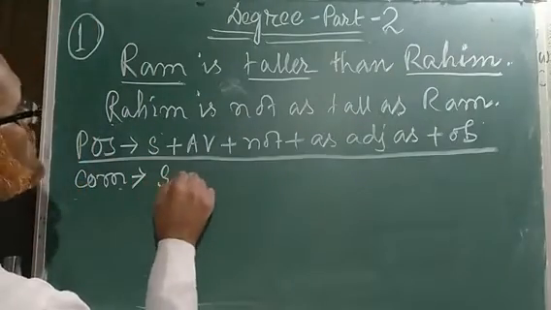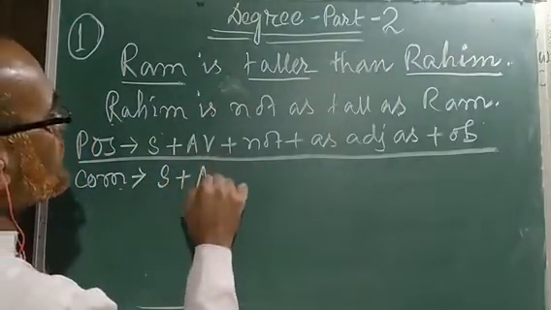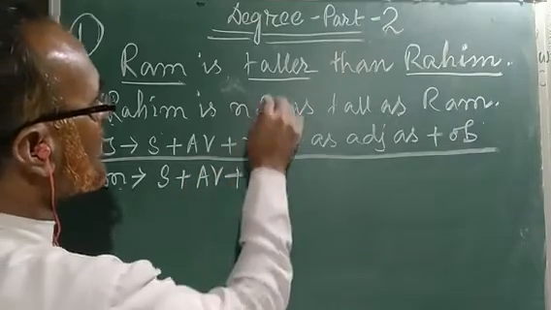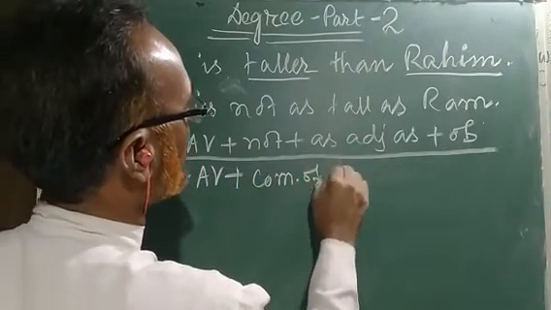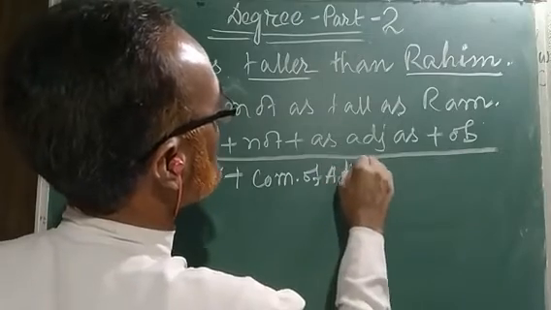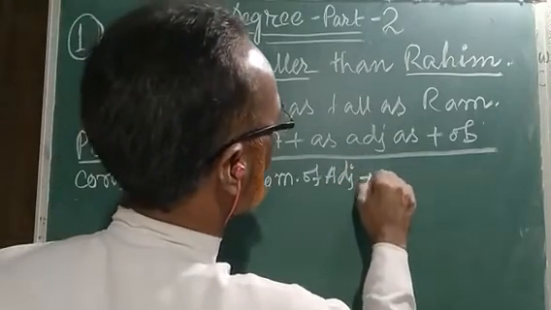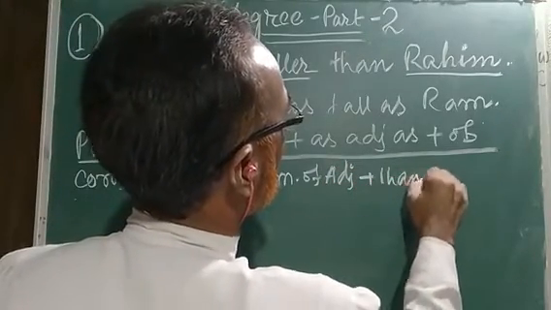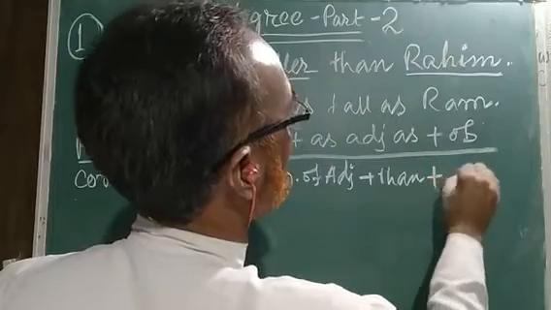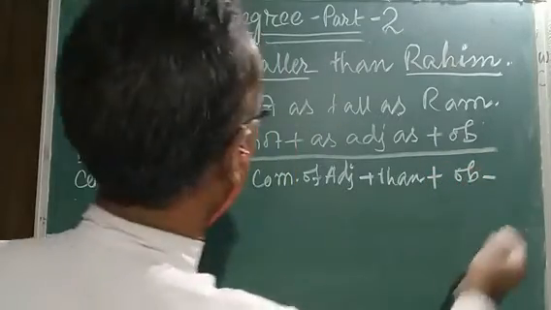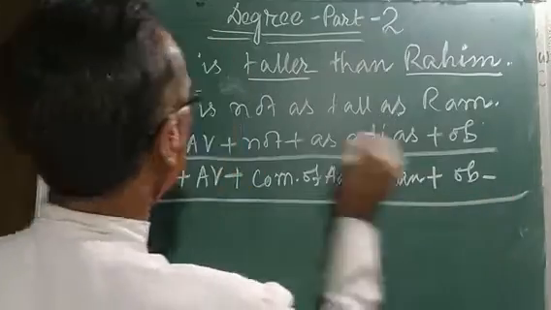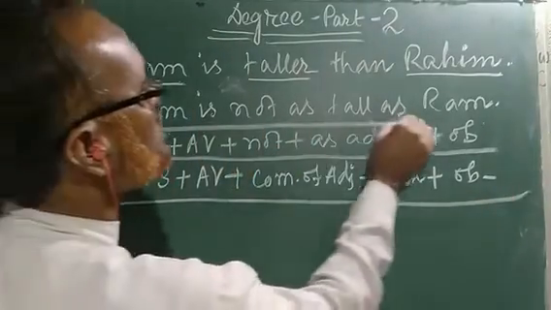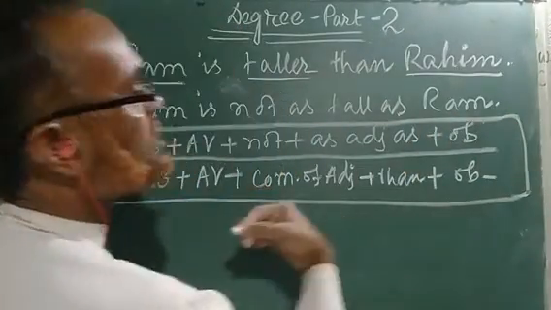Then subject, after that AV, auxiliary or helping verb, comparative of adjective, then plus object. It is the form of comparative degree, from these two sentences I have just written.